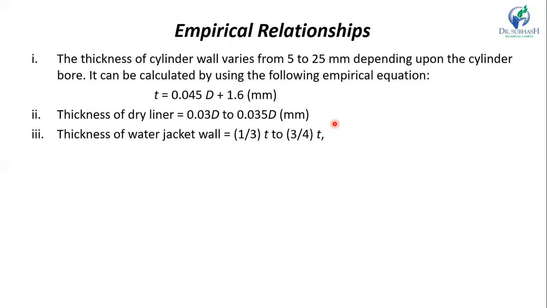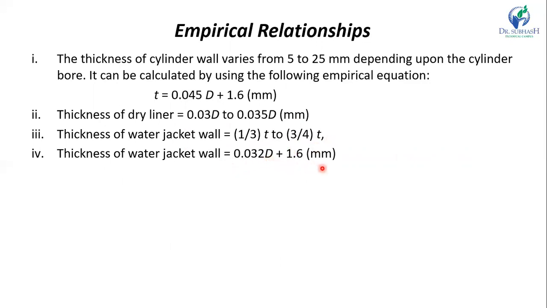Then the thickness of water jacket wall is taken as 1/3 T to 3/4 T. Then the thickness of the water jacket wall in terms of the diameter is taken as 0.32 D plus 1.6.